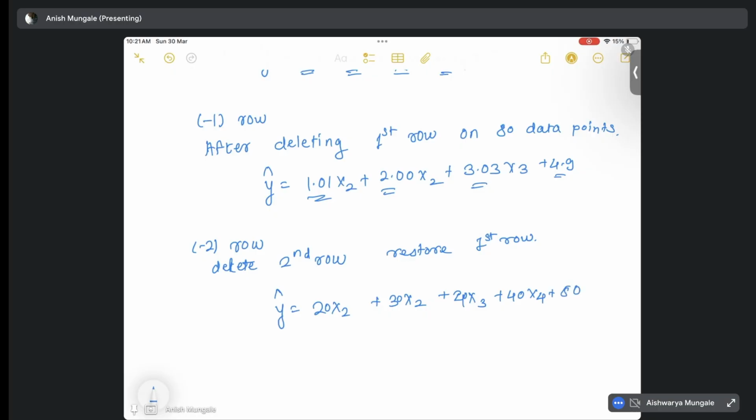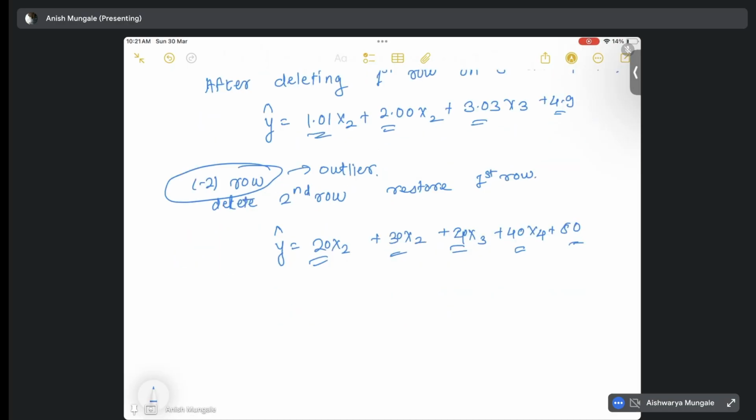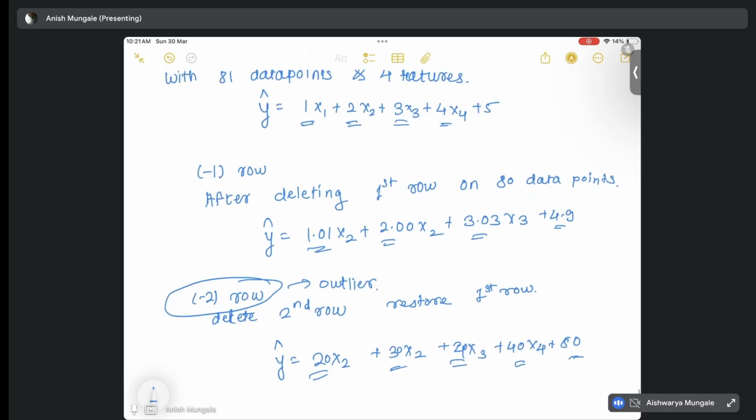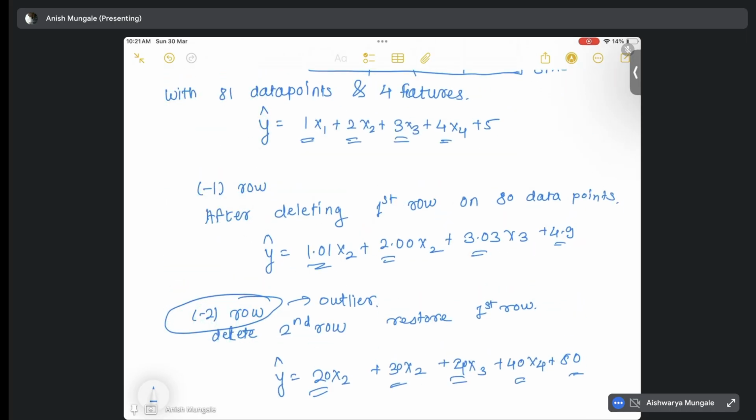Then you can see clearly that the parameters are hugely impacted. If this is the case, then count this as an outlier. So what I mean is, delete one data point at a time, then measure the change before and after.